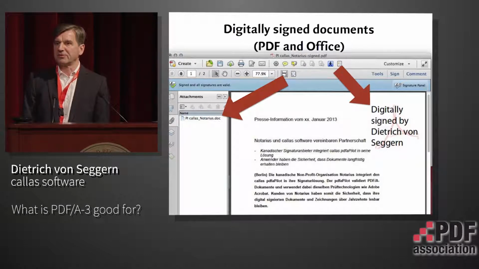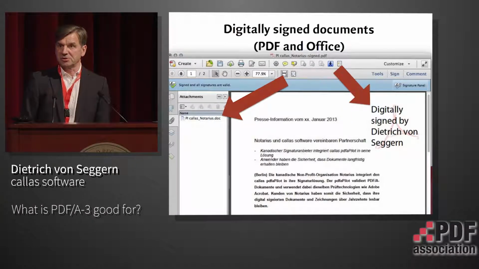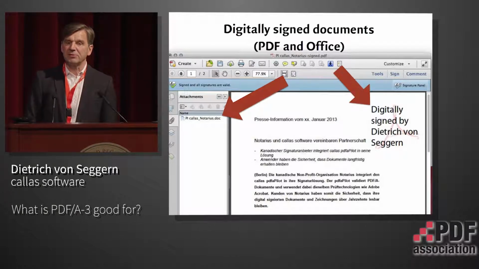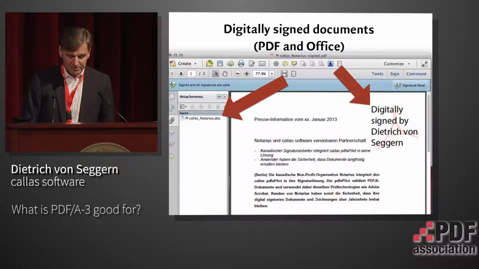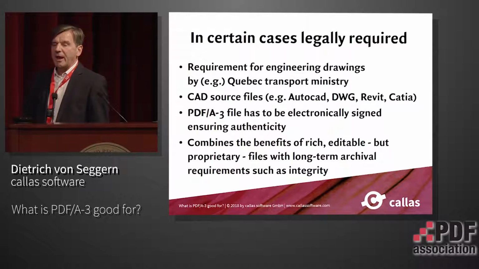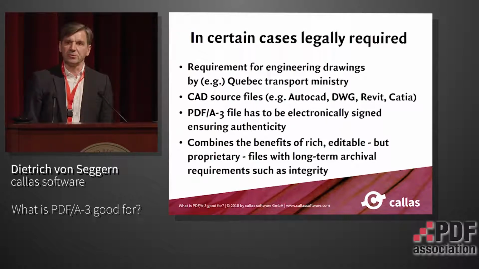And in a Word file, it's not as easy as in PDF to just embed a digital signature. So you may decide to go for PDF A3 only for the reason to be able to digitally sign the Word file that has been embedded. And in some cases, I have just learned, it's even legally required to do so.